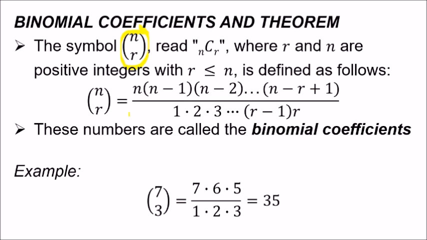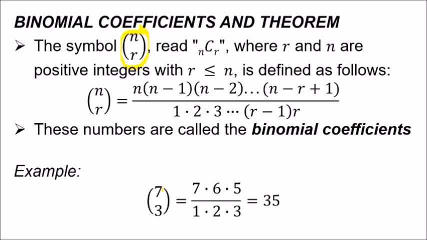This is defined as n combination r equal to n times n minus 1 times n minus 2, and so on up to n minus r plus 1, all over 1 times 2 times 3, and so on up to r. This is called the binomial coefficient.